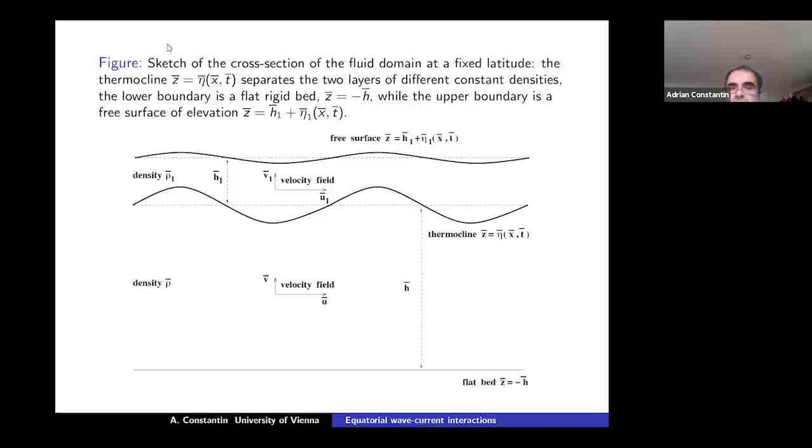It is convenient to split the velocity field, to put a 1 for the one over the internal wave and no index for the one below. And the same for eta: eta is the interface, and eta1 is the free surface. And there is a flat bed at the depth minus h, where h is something like 4 kilometers.